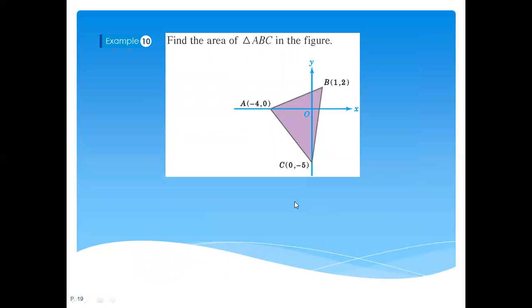Let's go to the last example. Find the area of this triangle. In this example, we find it's quite difficult to split this figure into parts because there are no perpendicular lines.